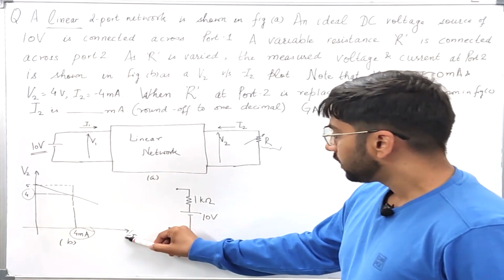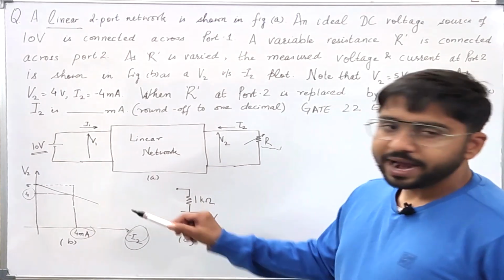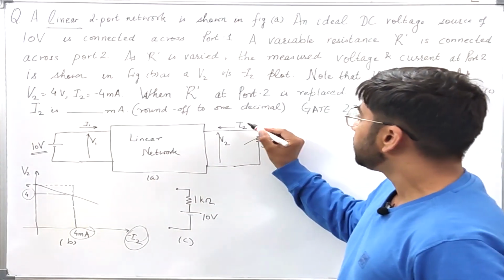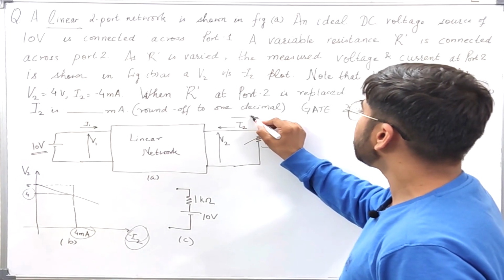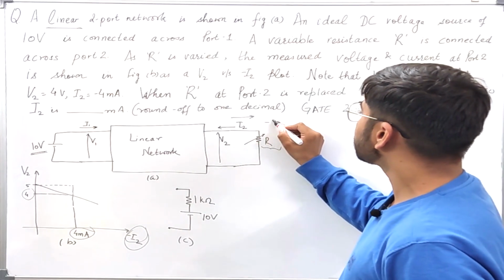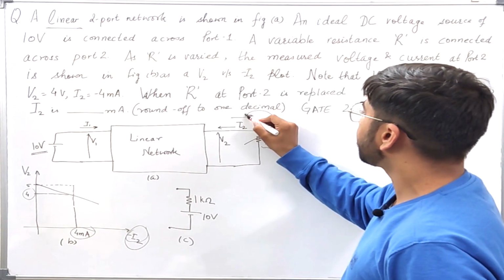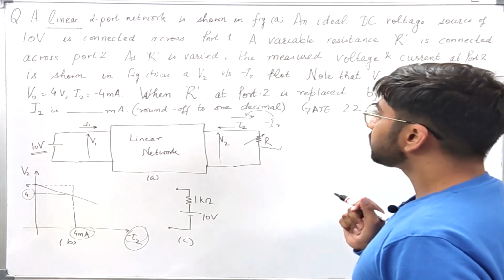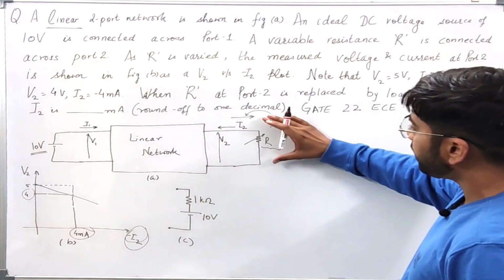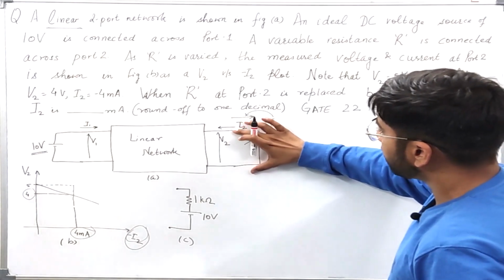The graph is given as minus of I2, so the graph is between the current exiting the network, since minus of I2 will be in this direction.